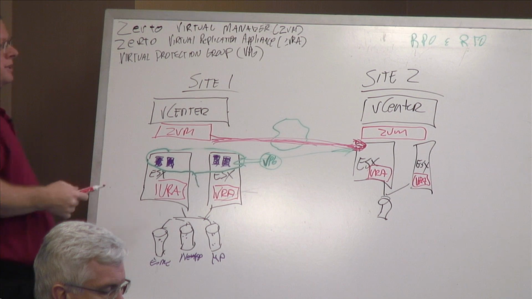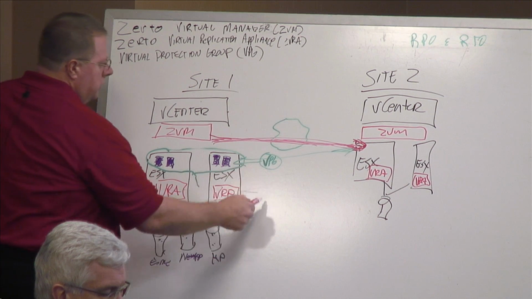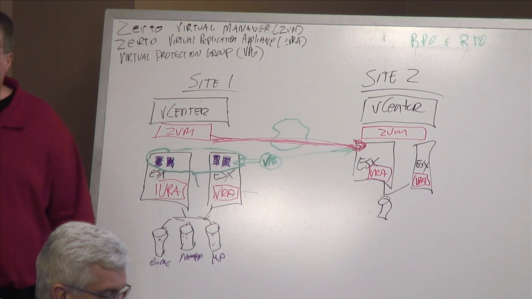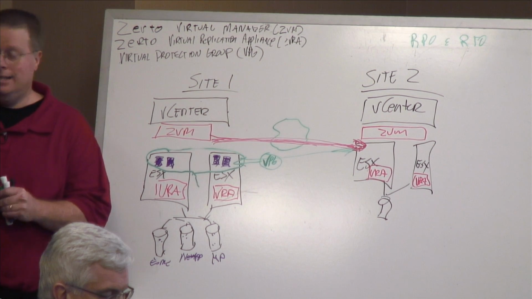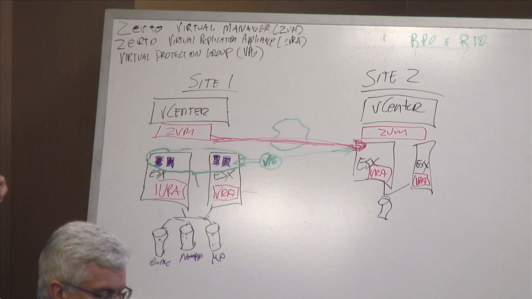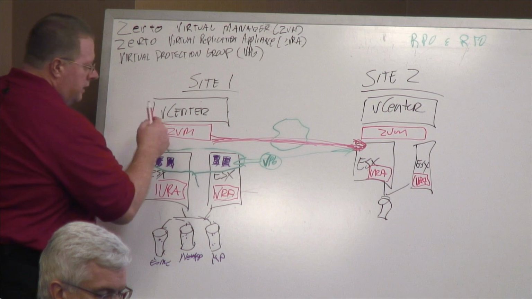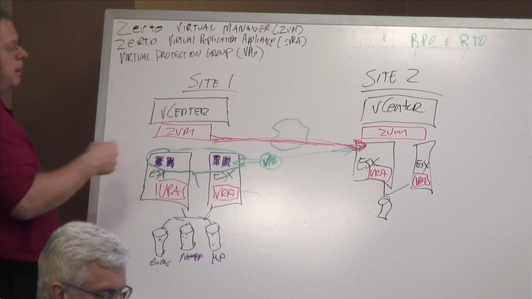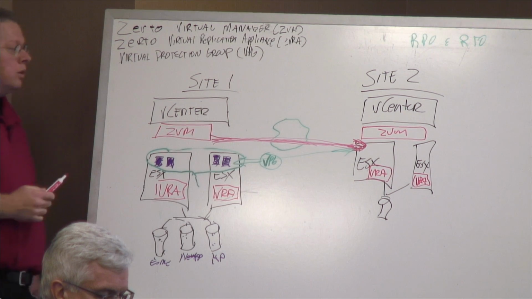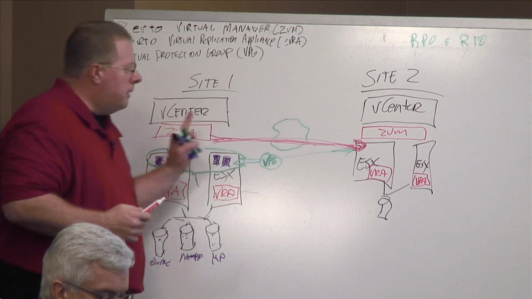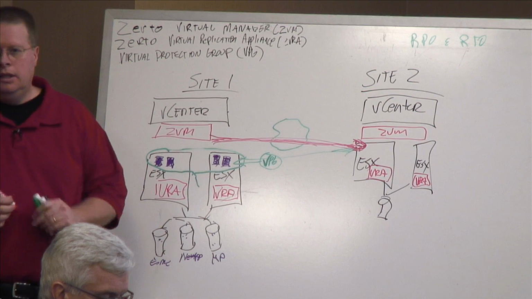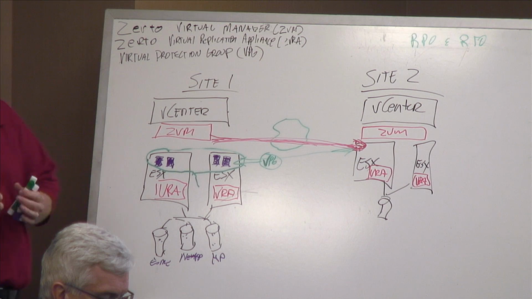So that's where you're going to see, when you look down a list of our VPGs and the groupings that he'll show you in the live demo, you're going to see very, very low RPOs in the seconds per VM, okay? So it's asynchronous, yet we are as near to 0 as we possibly can get in the real world in our replication from site 1 to site 2. So do we have any questions so far?